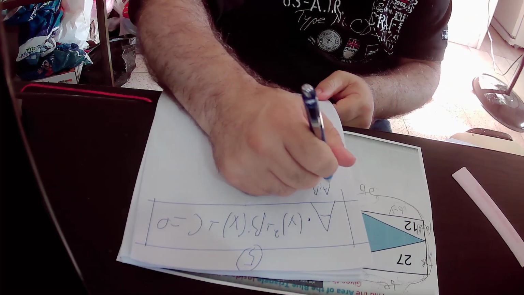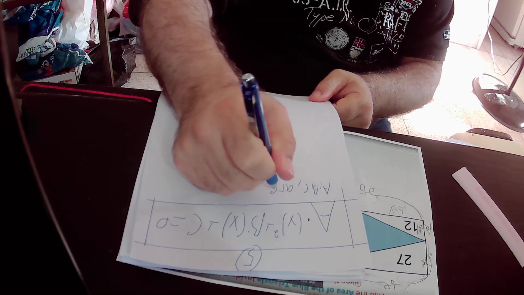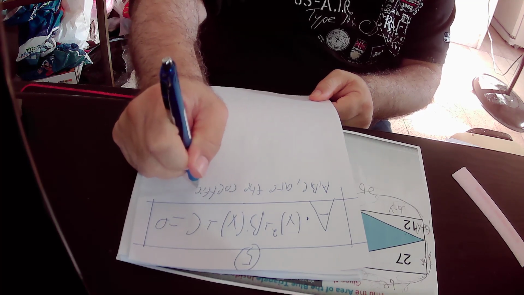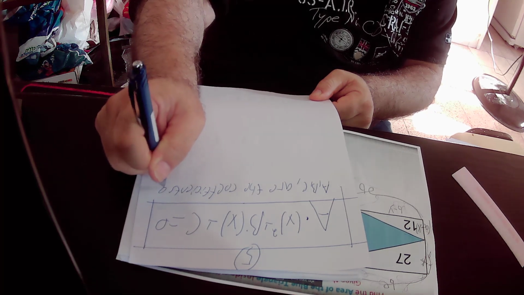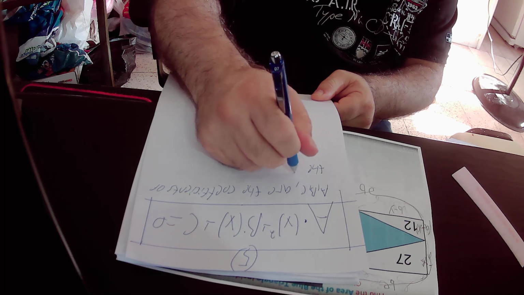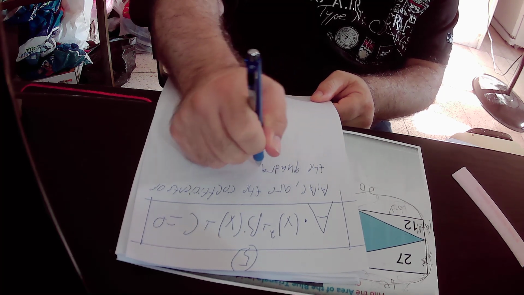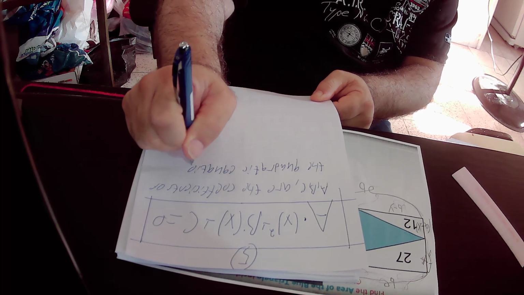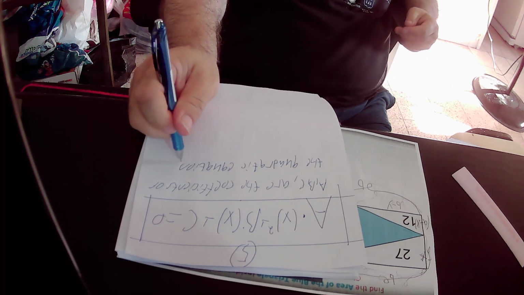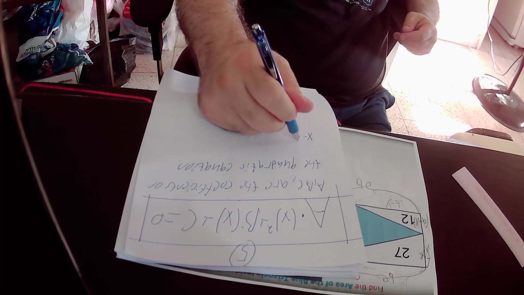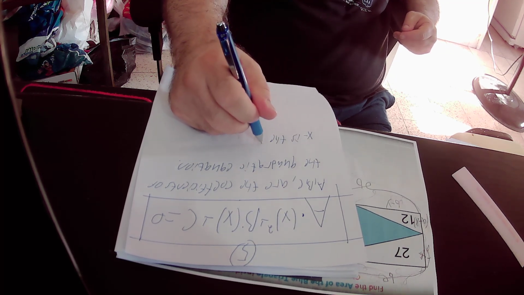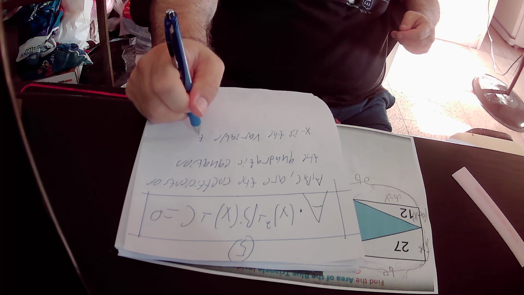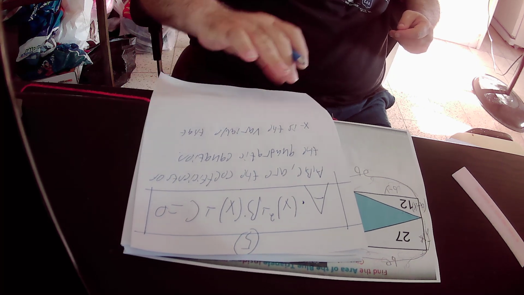A, B, and C are the coefficients of the quadratic equation, and x is the variable that we are looking for.